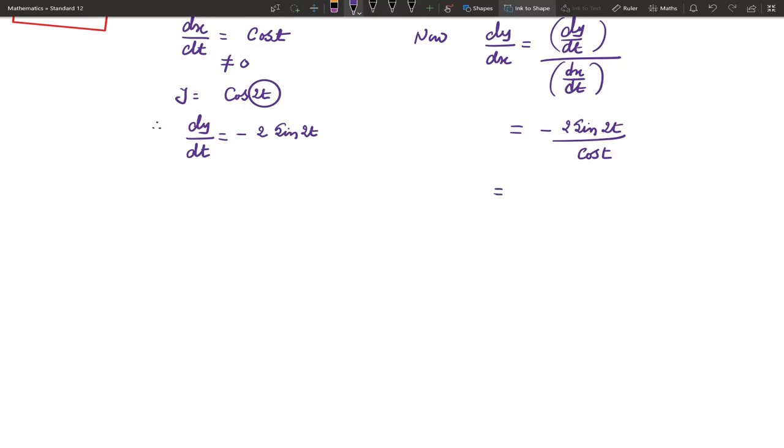In numerator, we use formula sin 2 theta, 2 sin theta cos theta. So sin 2t, 2 sin t cos t upon cos t. So final answer is minus 4 sin t. So this is dy by dx.